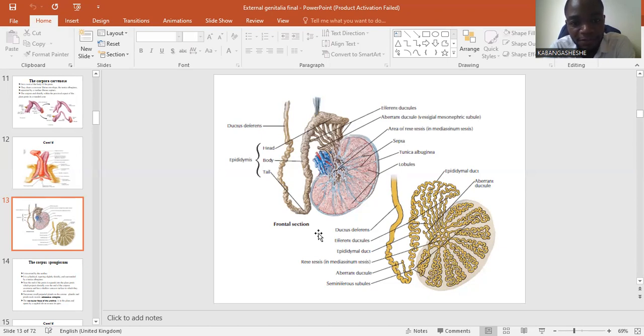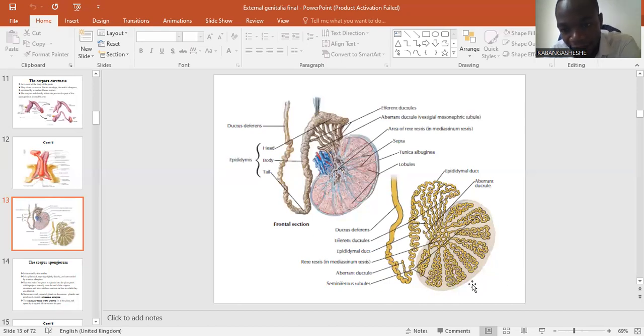During ejaculation, the mature cells leave the epididymis and then are ejected through the urethra into the female reproductive tract, which is the vagina. So that is the testis, anterior surface. And this is a posterior surface where we have a small gland known as epididymis.